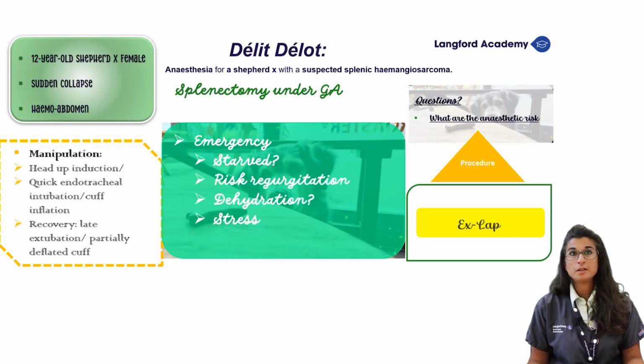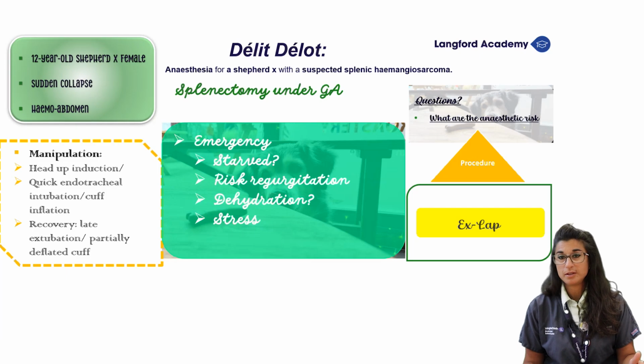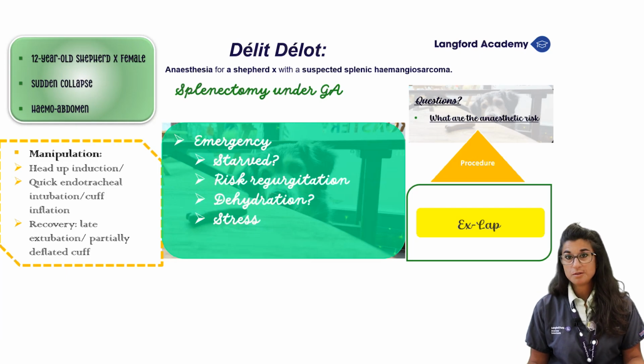So first, because it's an emergency, you don't know if the patient has been starved. So if she hasn't eaten for a very long time, there is a high risk of regurgitation. She also might be dehydrated if she hasn't eaten for a while because she was sick. She's also very stressed.